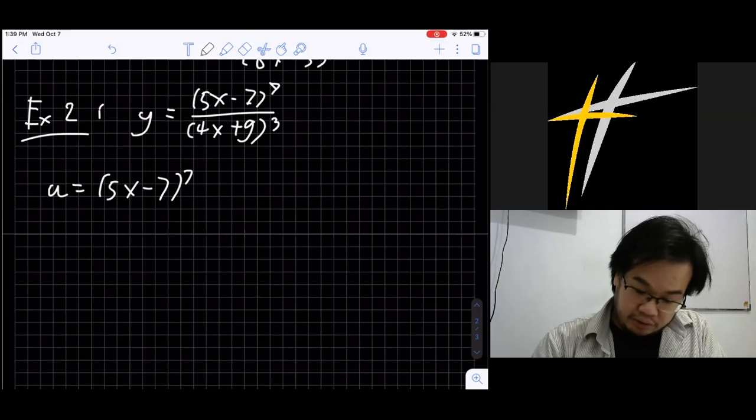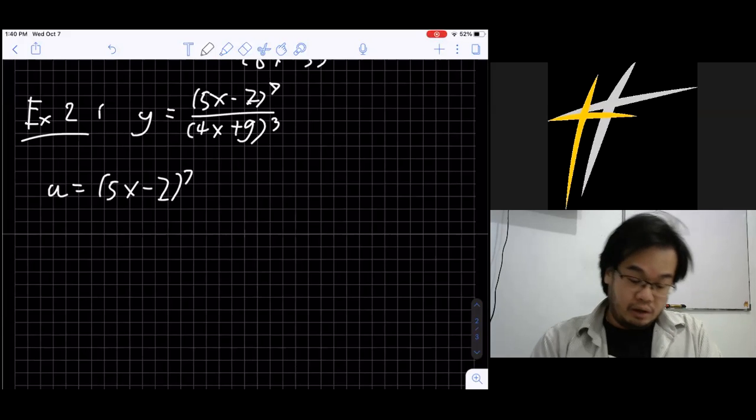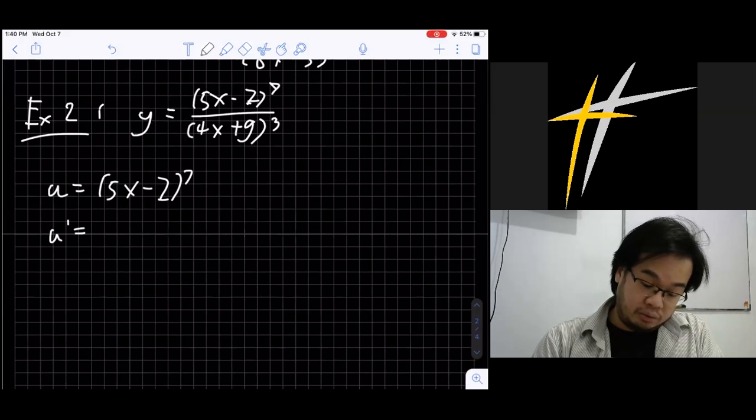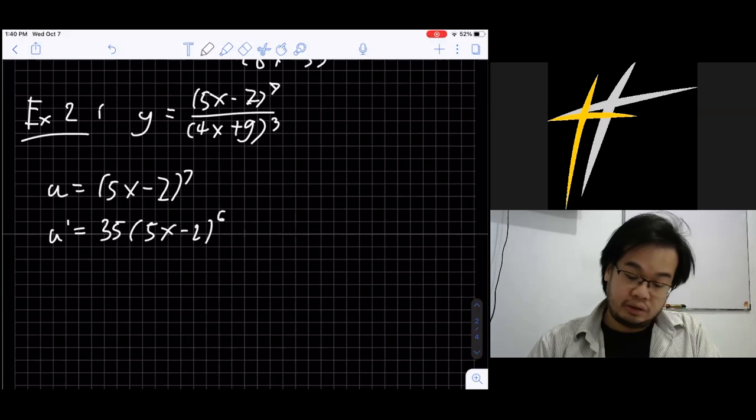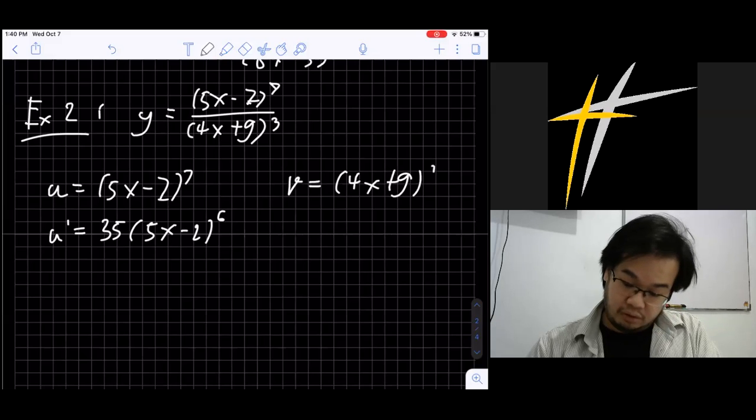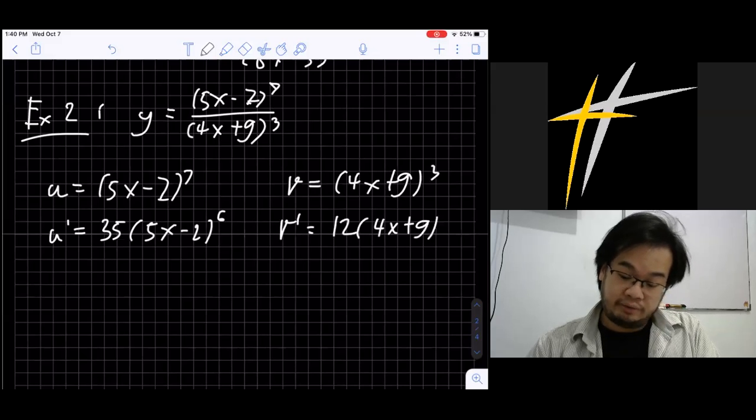Minus 2, not minus 7, minus 2. So u prime is equal to 7 times 5, 35, (5x minus 2) to the power of 6, and then v in this case is equal to (4x plus 9) cubed. So v prime is equal to 12 (4x plus 9) squared.